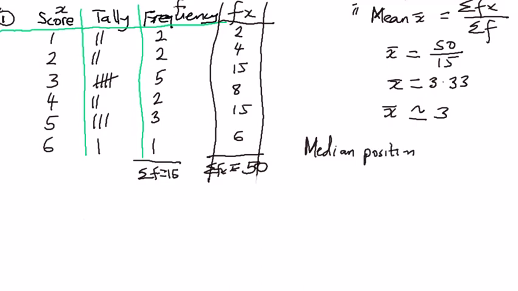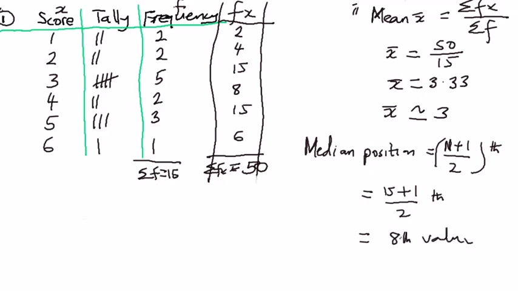The median position is (n + 1) over 2, where n is the total number of values. So that is 15 plus 1 over 2, which is 16 divided by 2, that will give us 8. That means the 8th value will be our median.